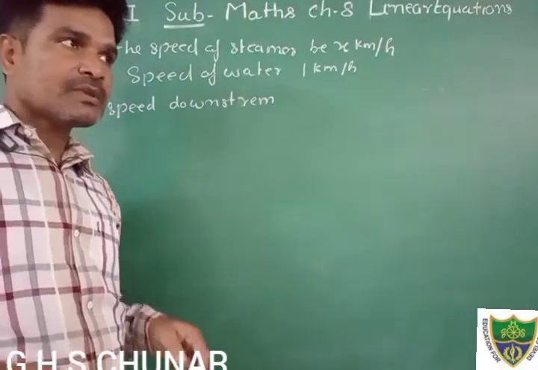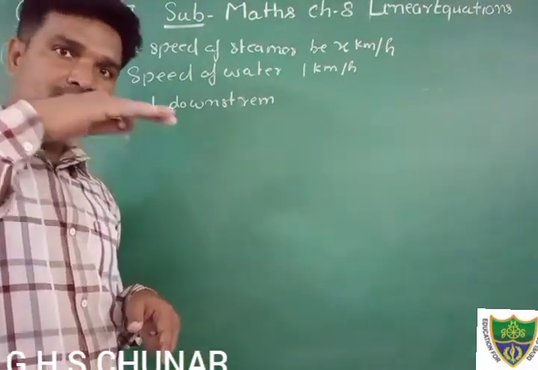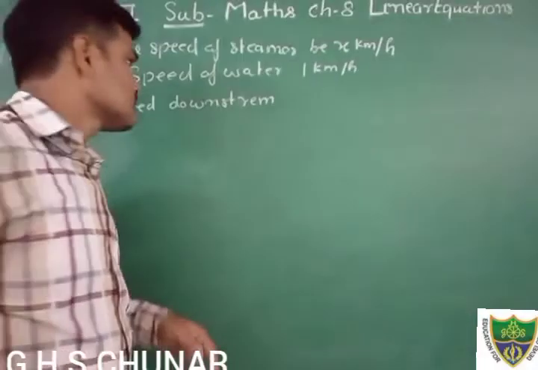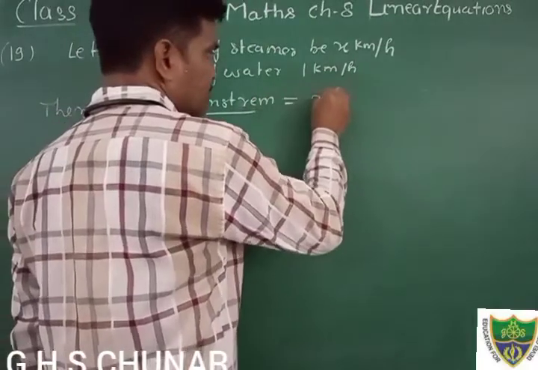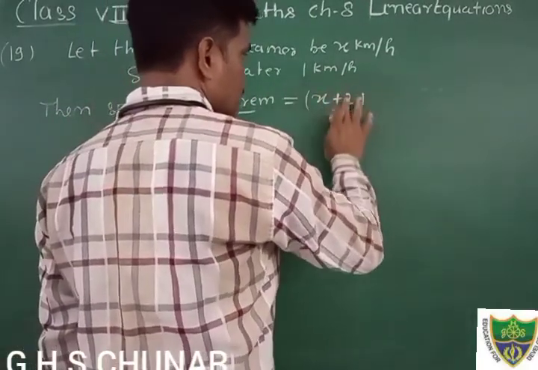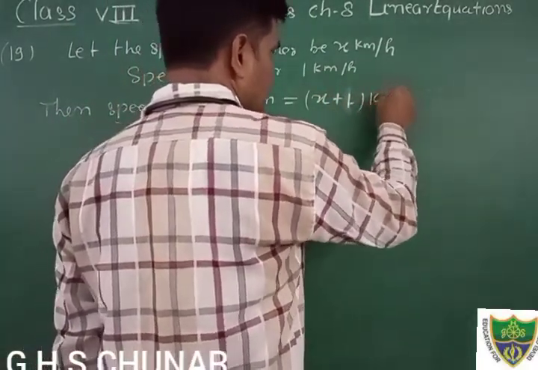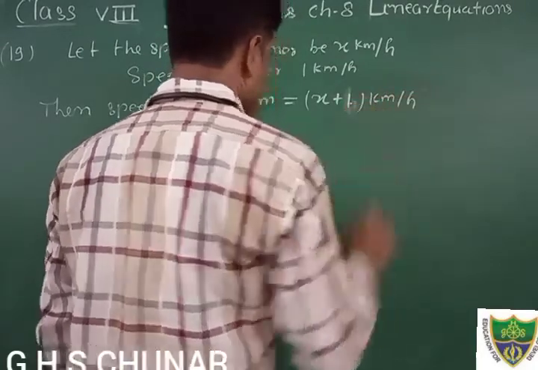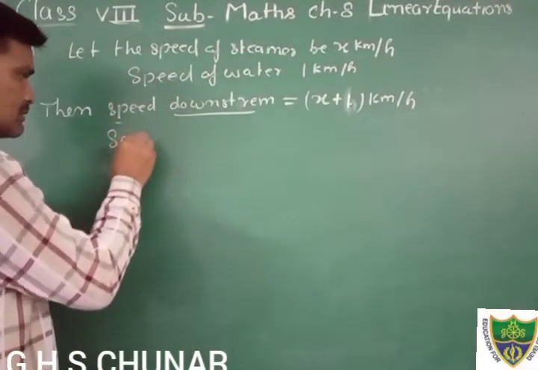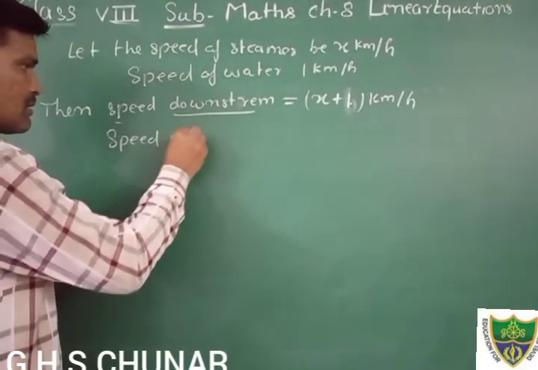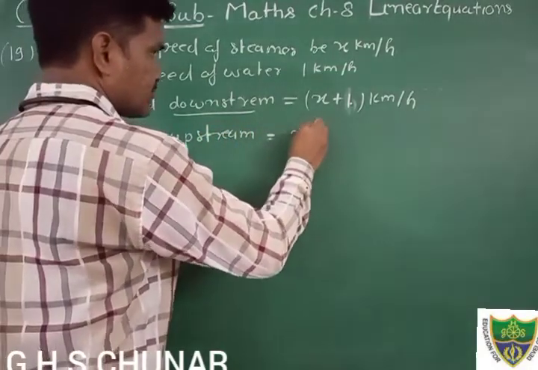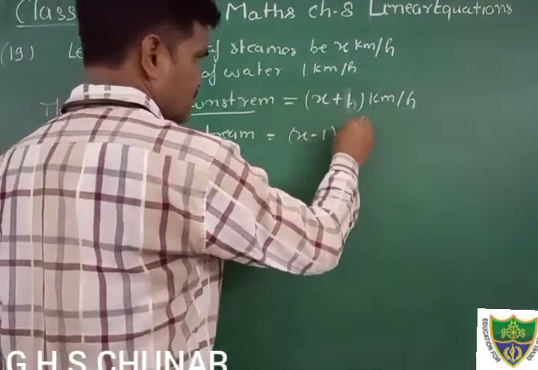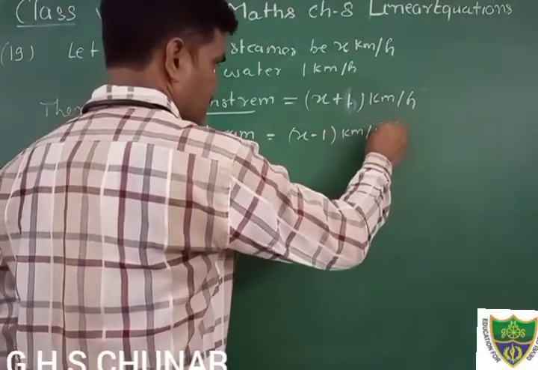When you swim in the flow of the water, your swimming speed will be more. Then speed downstream will be x plus 1 km per hour, right? And speed upstream will be x minus 1 km per hour.